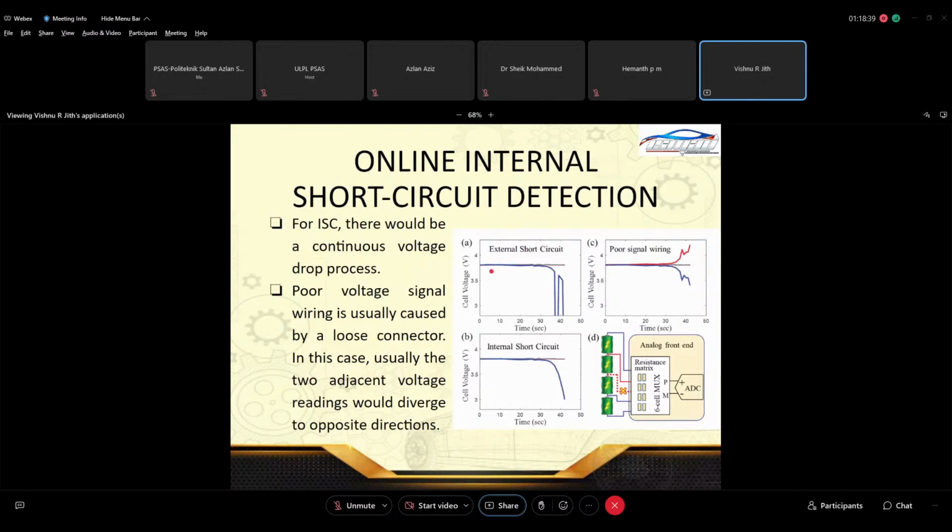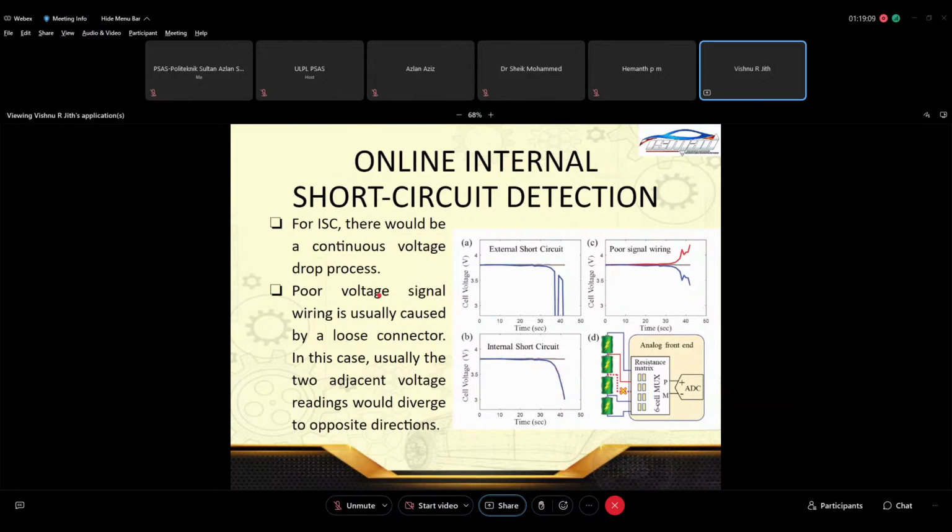When we measure the voltage due to the external short circuit, it dramatically drops to 0 and may jump back and forth. And for the ISC, there would be a continuous voltage drop. In the second picture, we can see the internal short circuit, where the voltage drop is continuous and it drops to 0.